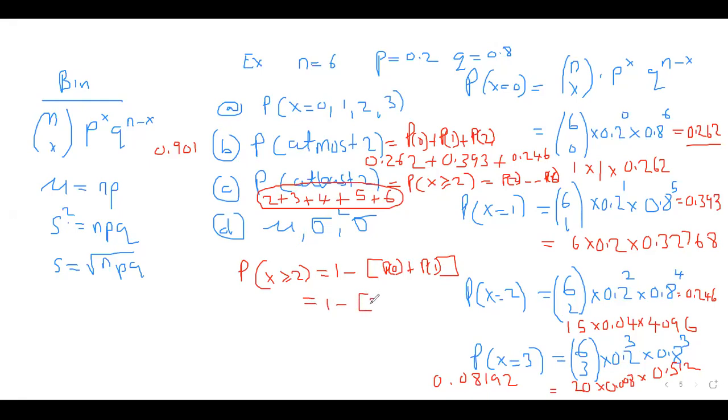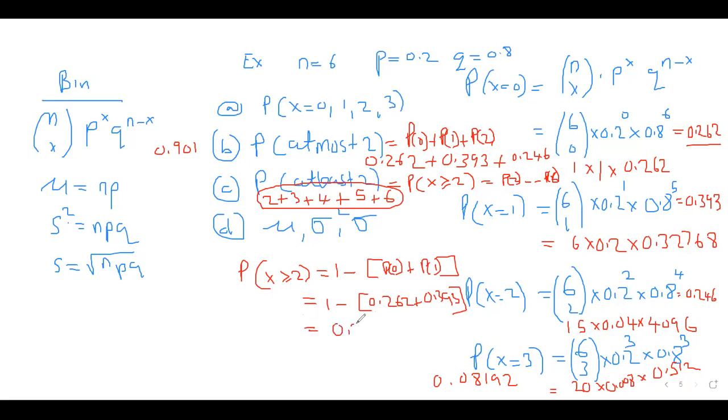So the probability of 0 is 0.262. Probability of 1 is 0.393. So 1 minus 0.262 minus 0.393. So we're going to have 0.345.